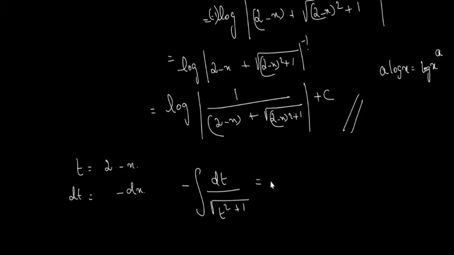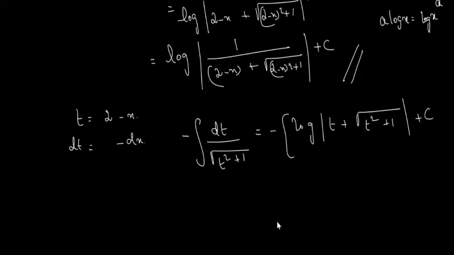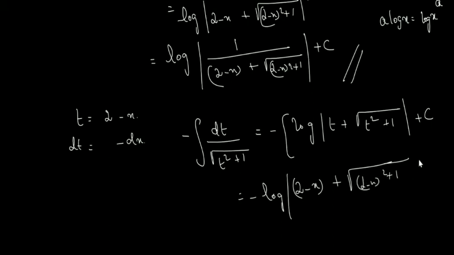So it is equal to minus log modulus of t plus root of t square plus 1. Okay, so it is equal to minus log modulus of 2 minus x plus root of 2 minus x the whole square plus 1.